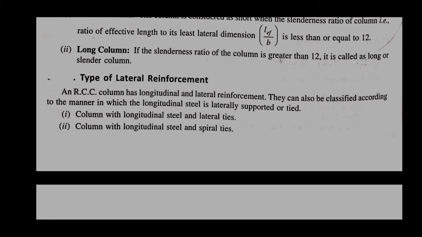So, an RCC column has longitudinal and lateral reinforcement. So, we can also classify it according to the manner in which the longitudinal steel is laterally supported or tied. There are two types: column with longitudinal steel and lateral ties, and column with longitudinal steel and spiral ties.